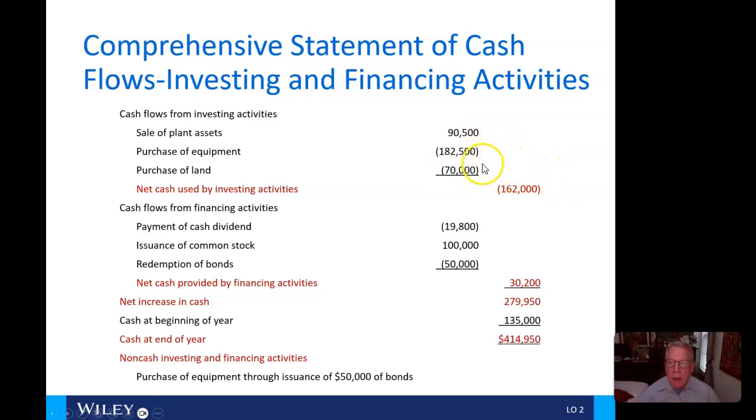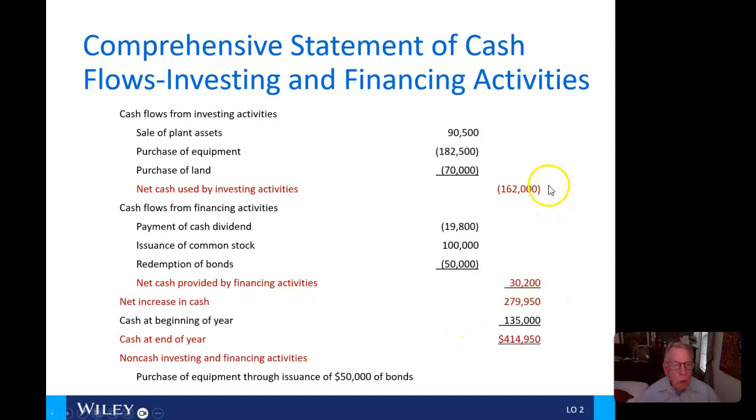We had the sale of plant assets. We purchased some equipment. We purchased some land. That involved spending, in total, $162,000. We also paid a dividend, issued some common stock, and redeemed some bonds, for which we paid $50,000.